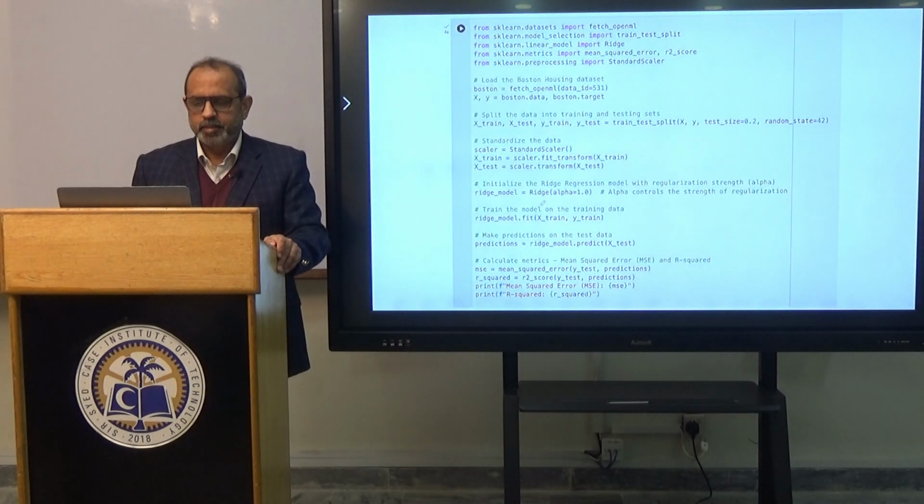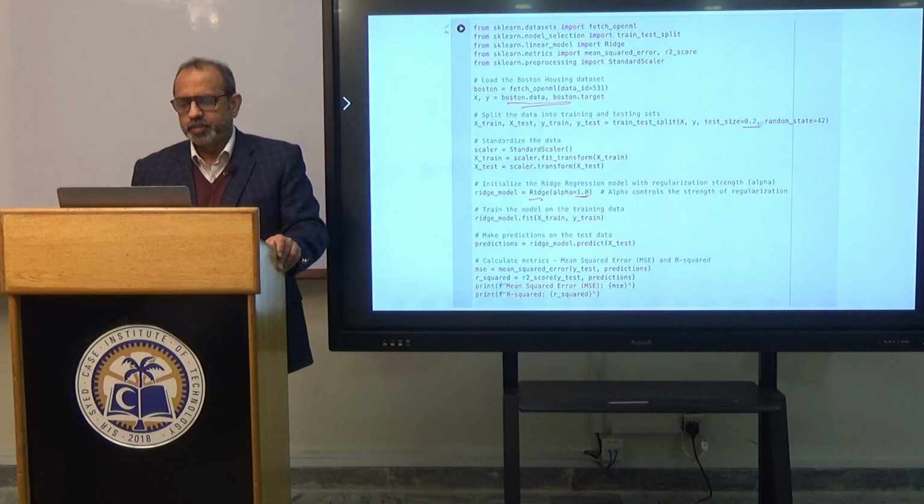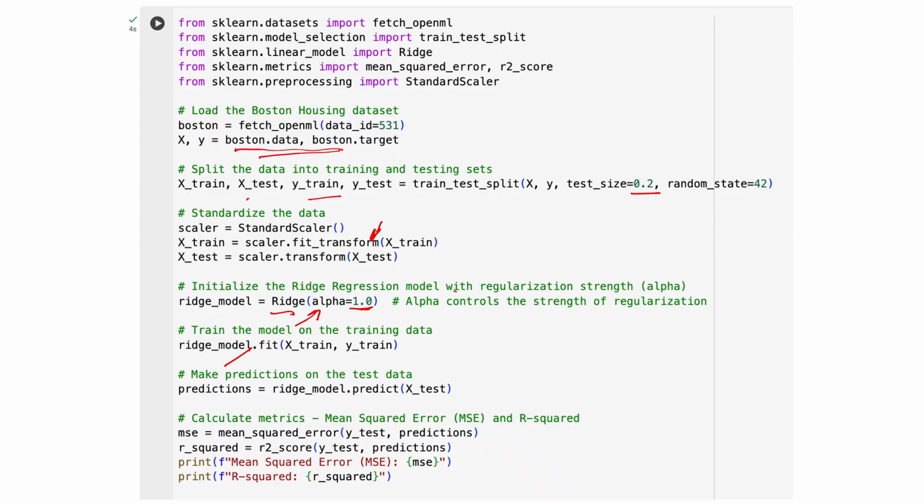Here you can just go and change the value of alpha. And here is the Boston housing data, and you split it with a test size of 0.2. So you have 80% for the training, 20% for the testing, and you just fit it here, and you say I'm going to use a regularization term.